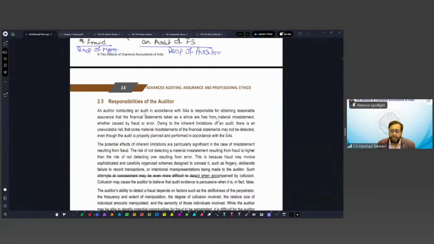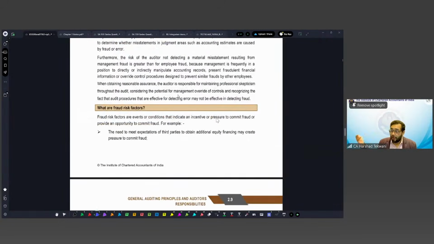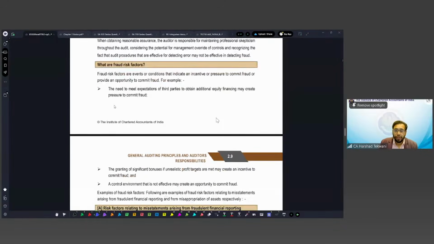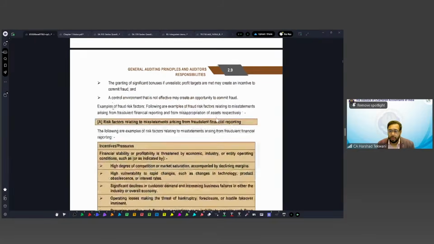Then we discussed the responsibilities of the auditor. We discussed in detail what the auditor's responsibility is, and we also saw the audit report for that. Fraud risk factors: what are they? Just now we discussed. Pressure or incentive, then opportunity, and then rationalization, to commit the fraud.